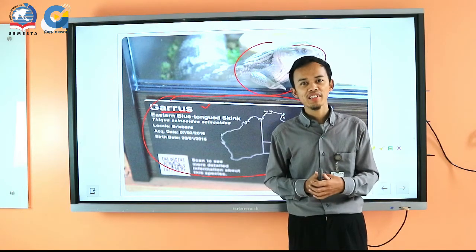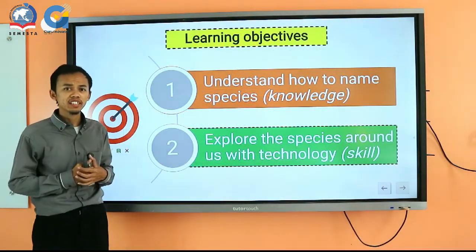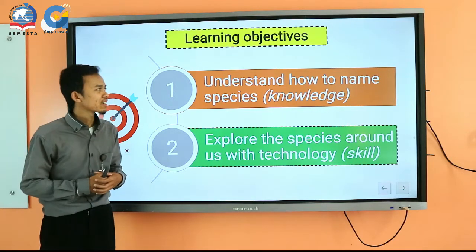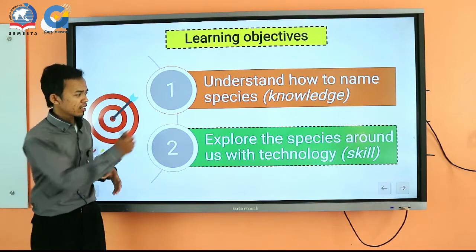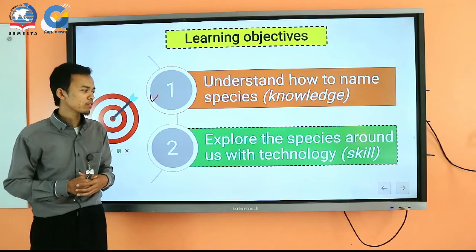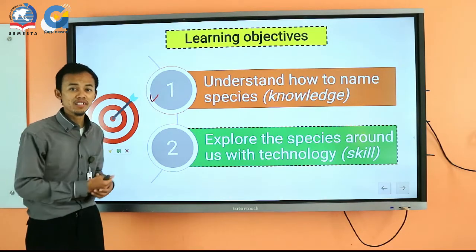Simple and interesting. Okay, let's move to the learning objectives slide here. It means that after you learn this topic in only 30 minutes, you can understand how to name species using your knowledge, and you can explore species around your home with technology. Simple and interesting by using your tablet or smartphone.